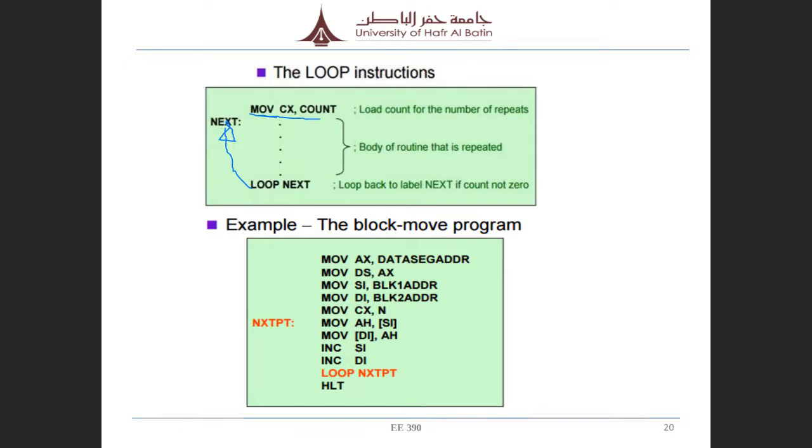So LOOP is actually the short form of two lines. One line is decrement CX, and another line is jump not zero to this label, and this label is next.